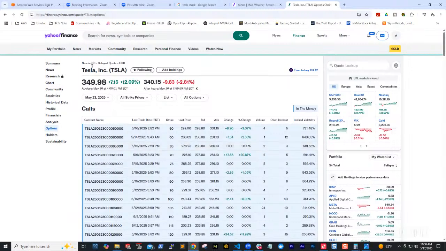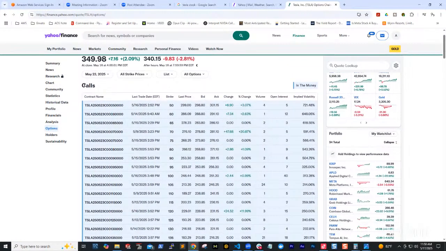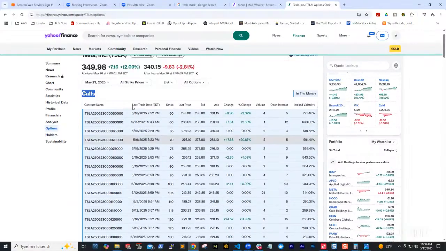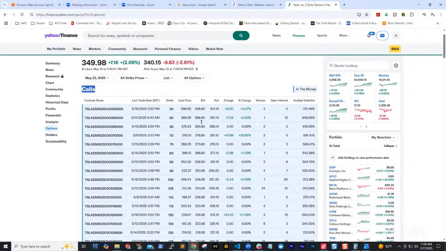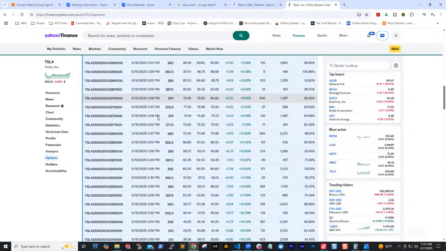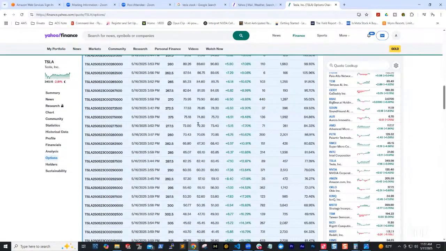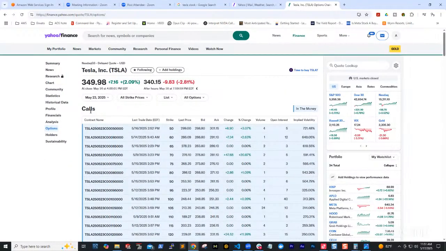So this is Tesla, right? This is options. What you are seeing here is calls. I like this about Yahoo Finance because they show you on this page all the contracts that are out there. Here you can see calls, and if I scroll down, you can see puts, right? A call just means that you are speculating that the price of Tesla is going to keep going up.